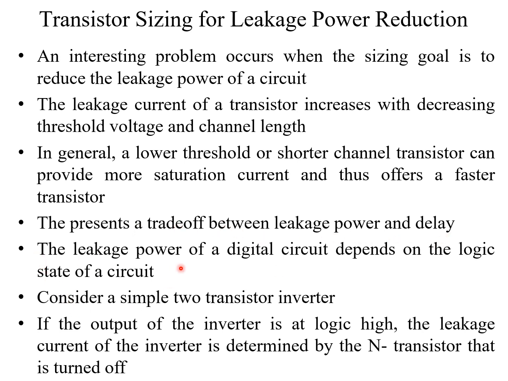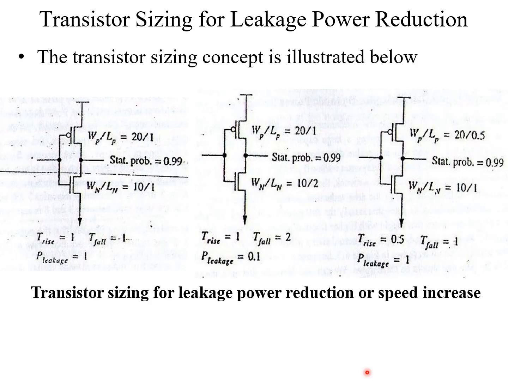The leakage power of a digital circuit depends on the logic state of the circuit. Consider a simple two-transistor inverter. If the output of the inverter is logic 1, that is high, the leakage current of the inverter is determined by the N transistor that is turned off. Look at the diagram.